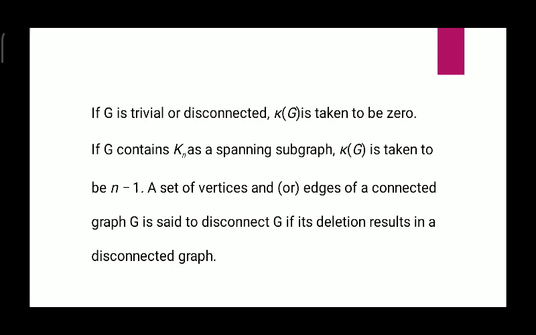If G is trivial or disconnected, then K of G is taken to be 0. If G contains Kn as a spanning subgraph, then the connectivity of G is taken to be n minus 1. A set of vertices or edges of a connected graph G is said to be disconnecting if its deletion results in a disconnected graph.